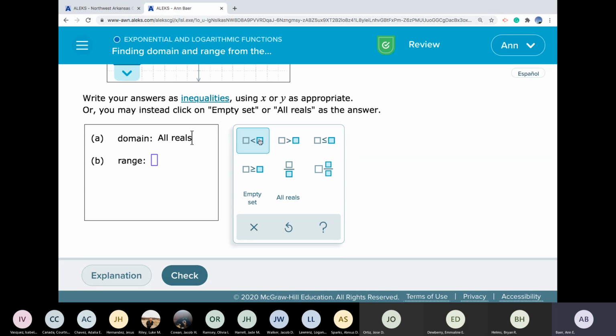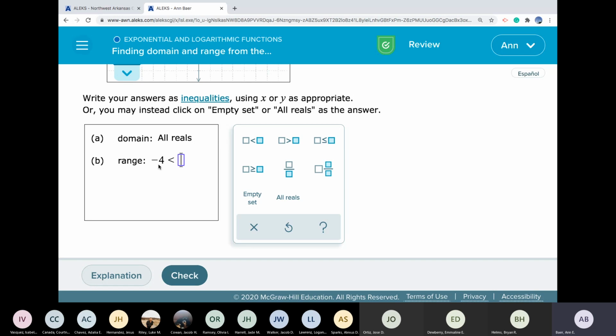We want -4 less than less than 1. So we want to select this one. I believe all you're going to use is this one, and all reals for this particular topic. Click in the range box, click on this one, and we want -4 right here. -4 less than all the y's.